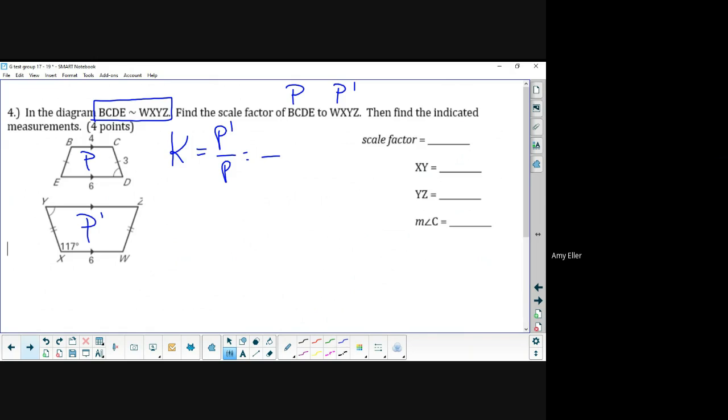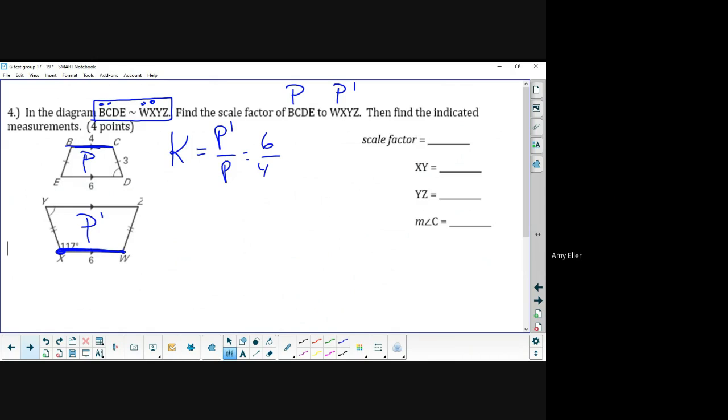So let's pick a number from here. We don't want to pick the angle. We want to pick a side. So I'm going to pick 6. Now, which should I put with 6? Don't just guess. Use this. 6 is XW. XW would have to go, without a doubt, with CD.